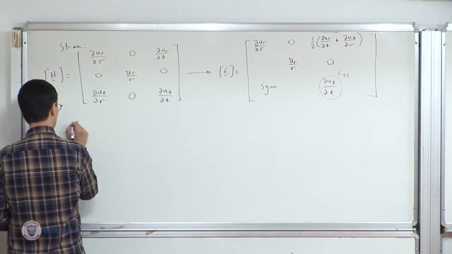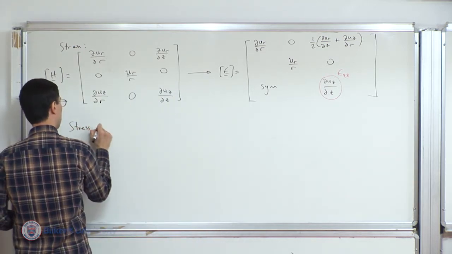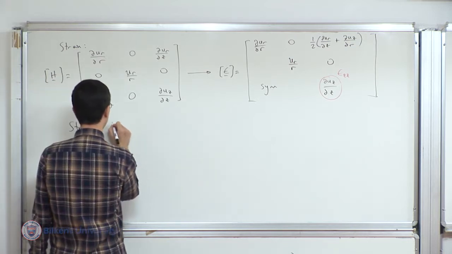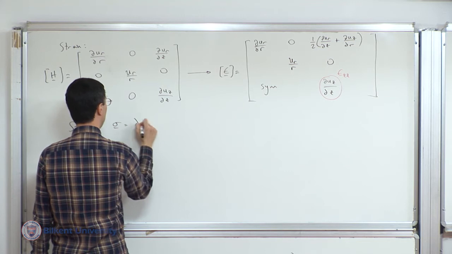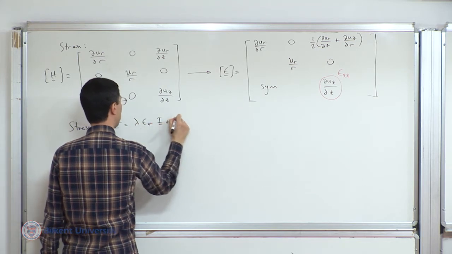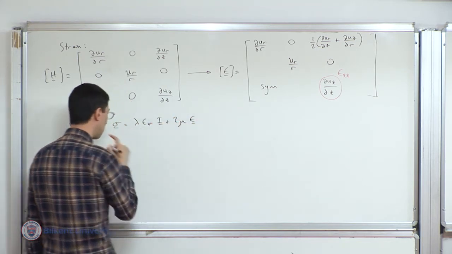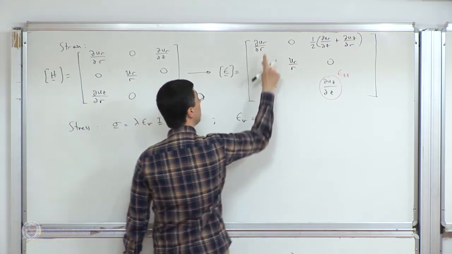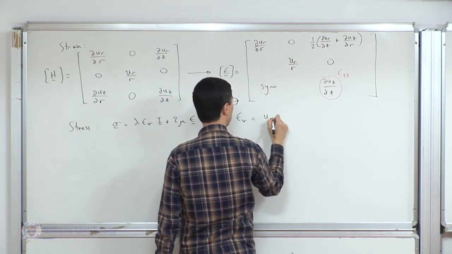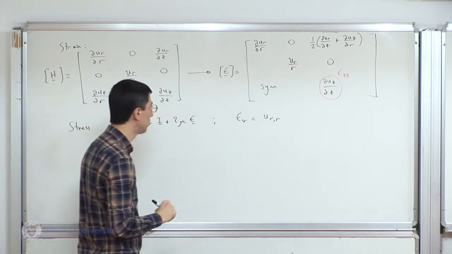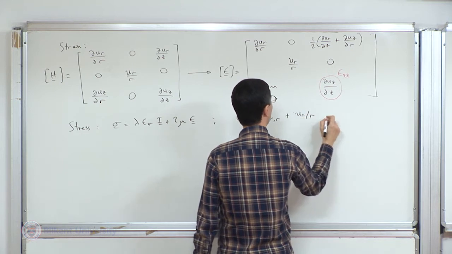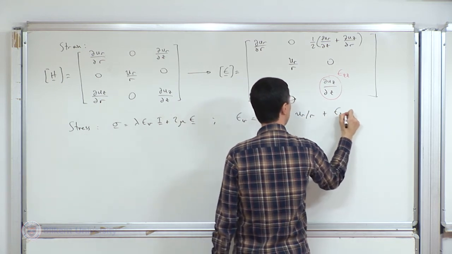So then I proceed with the stress. That's the last step before we invoke equilibrium. So the stress is sigma equals lambda epsilon v identity plus 2 mu epsilon. And epsilon v, I'll use also a simplified notation for partial derivatives, is ur comma r plus ur over r plus epsilon zz.